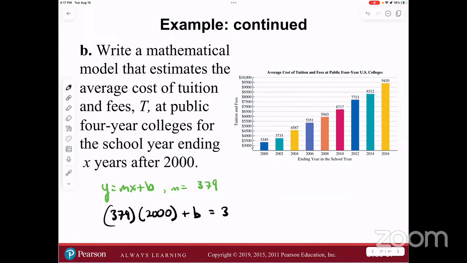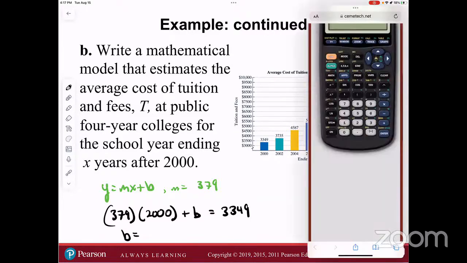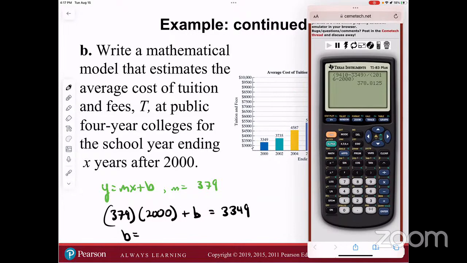So then using algebra, b equals 3349 minus that result, right? Okay, so 3349 minus 379 times 2000, okay, that's fine.